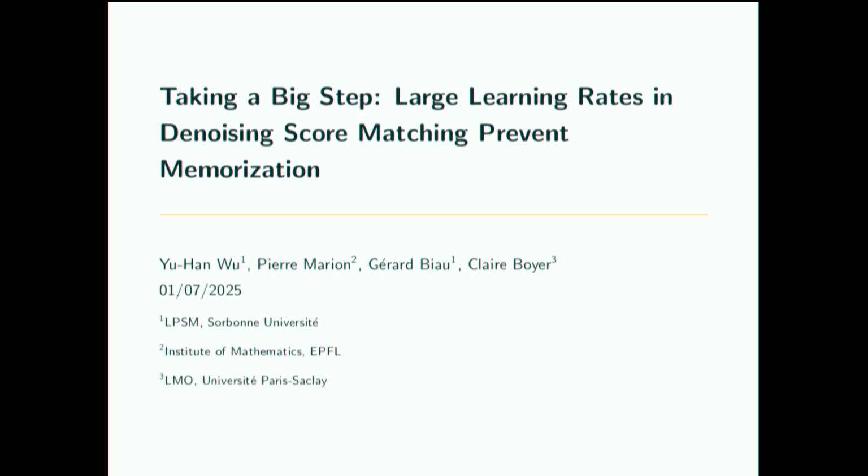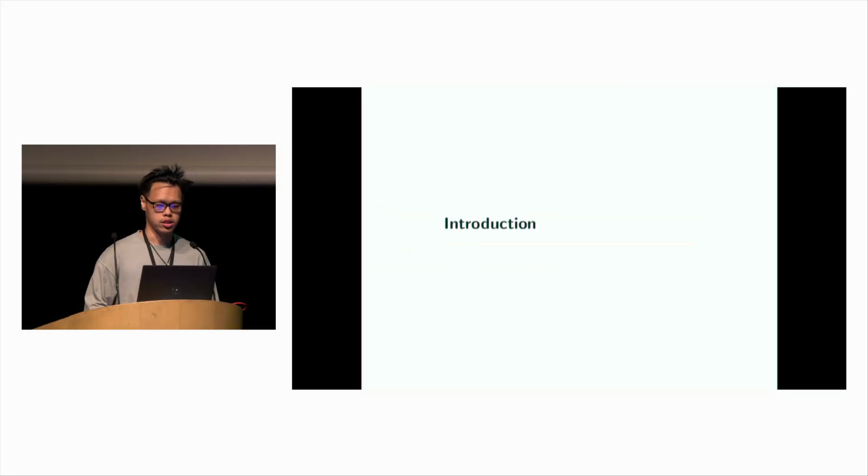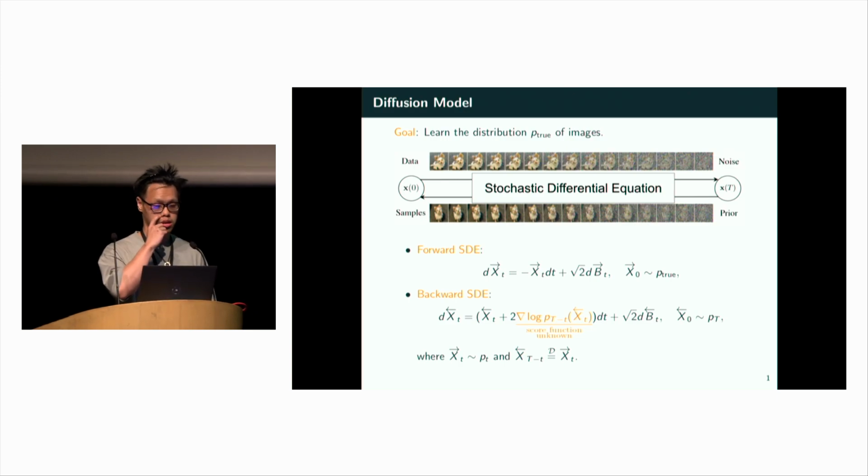I know probably all of you are familiar with the notion of diffusion models, but just so that we're on the same page, the goal of the diffusion model is to learn the distribution p-true of images, and it comes from the following observation.